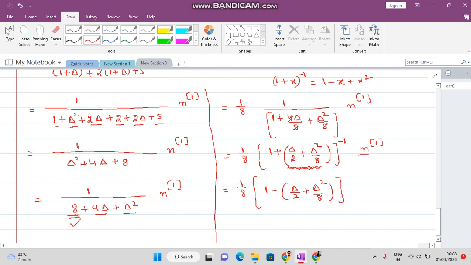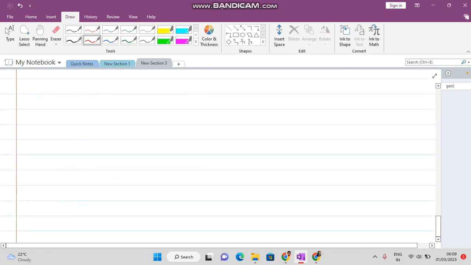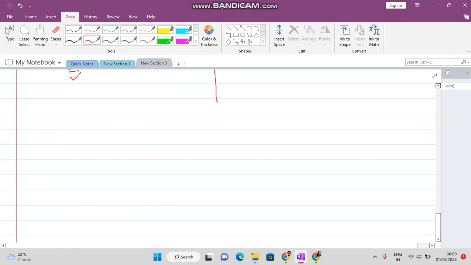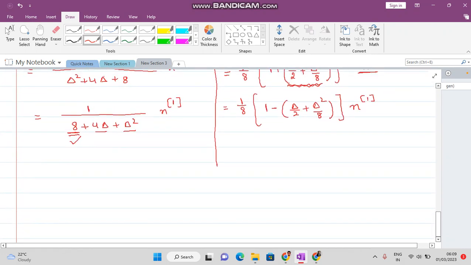Why? Because here we have a polynomial of degree 1, so you need to take only the term containing delta. If you have a polynomial of degree 2, then you need to expand up to delta square. But in this case we already have a term containing delta, so there is no need to take the next term.